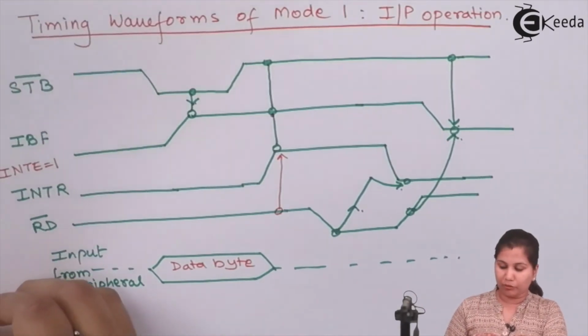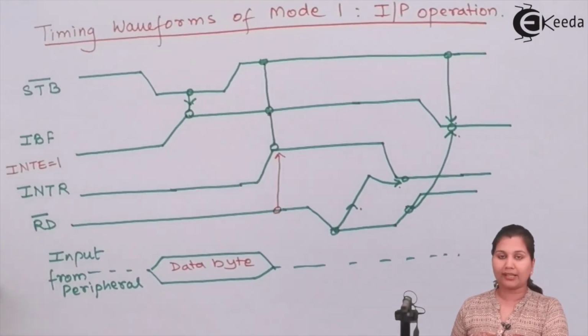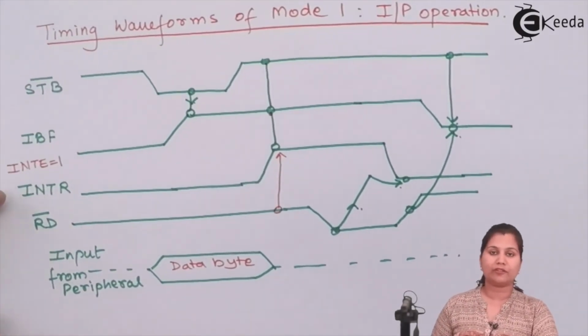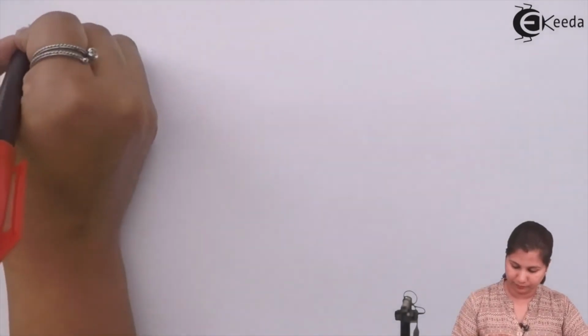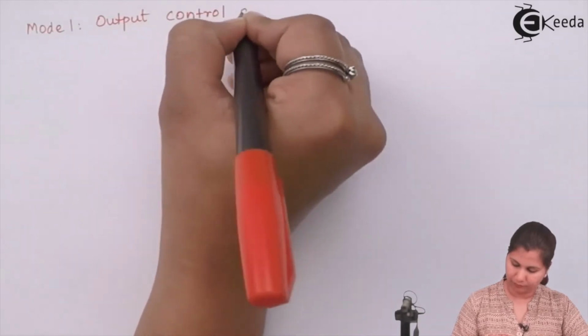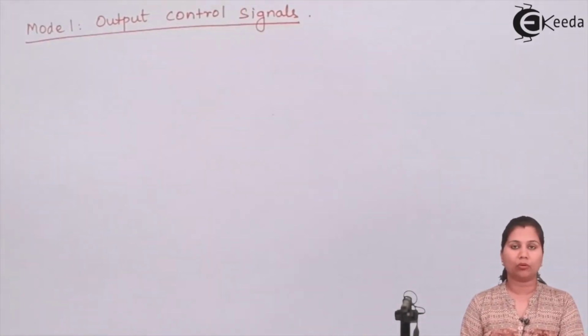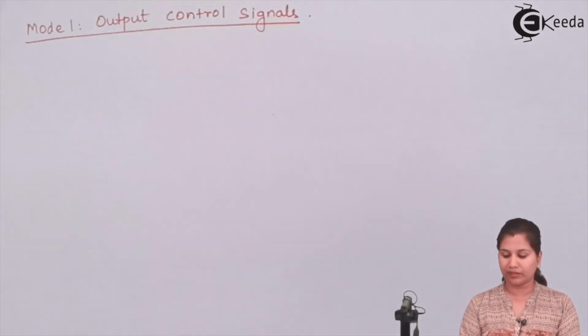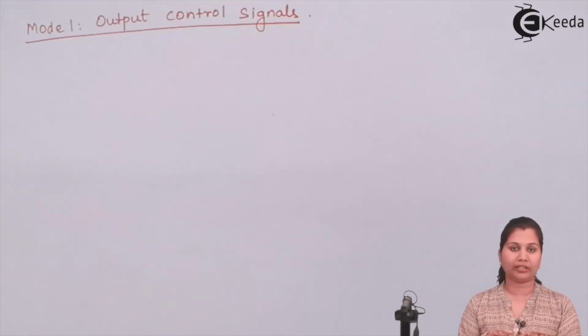Now because mode 1 can also be an output mode, let's see the control signals used in the mode 1 output operation. Just like in the mode 1 input control signals, where we saw the circuitry diagram, here also we have the diagram for the mode 1 output control.